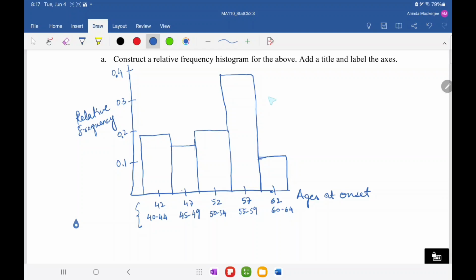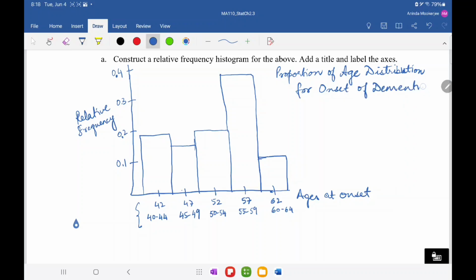We need to give a title to it. So you can say it's the proportion of age distribution. At least that's the title I gave it. But you can also write age at onset of dementia. So proportion of age distribution for onset of dementia.